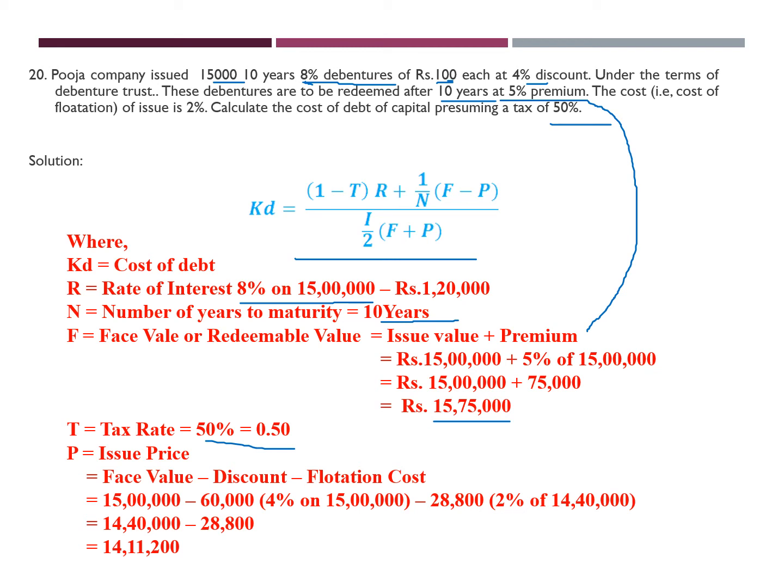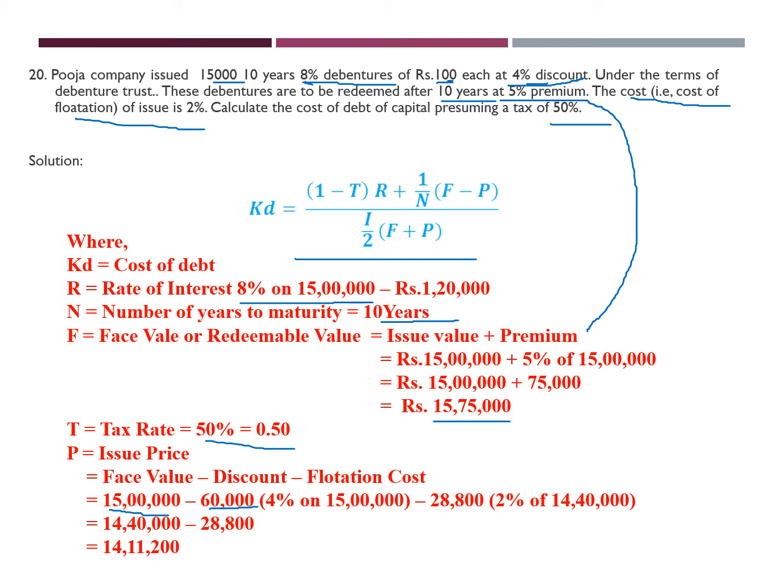Now, what is the issue price? Read this first sentence. Pooja company issued 15,000, 10 years, 8% debentures, of rupees 100 each at 4% discount. And it also has a cost of flotation. What is that? 2%. So, face value minus discount minus flotation cost. So, face value is 15 lakhs, minus discount is 4% on 15 lakhs, that is 60,000. Clear about this?